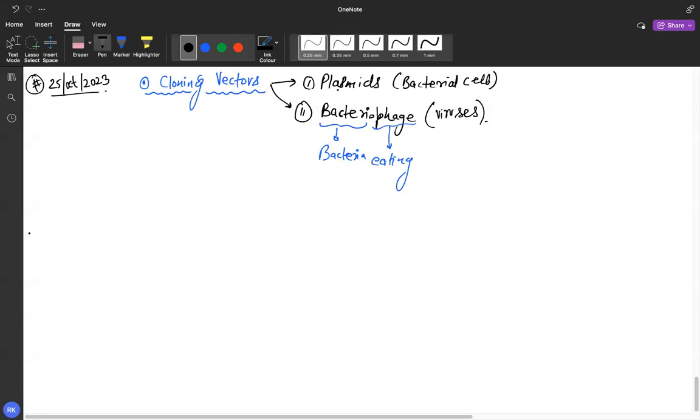Now, the question here that comes in boards is: what are the characteristic features which are required in a cloning vector? So write down the question.